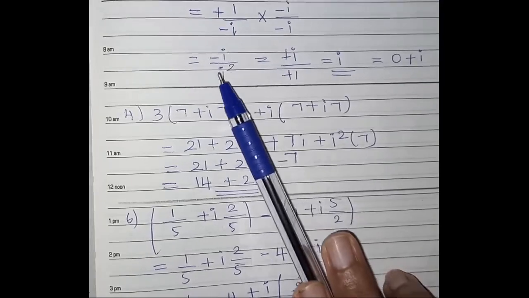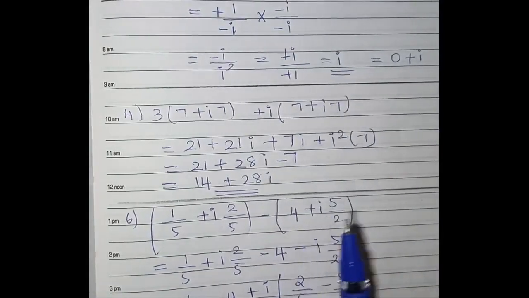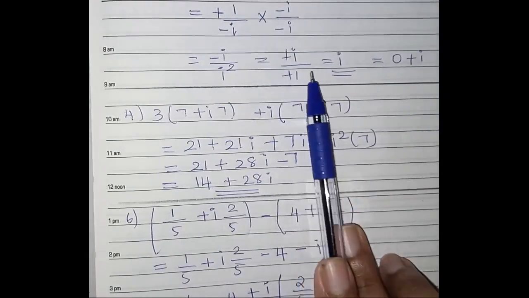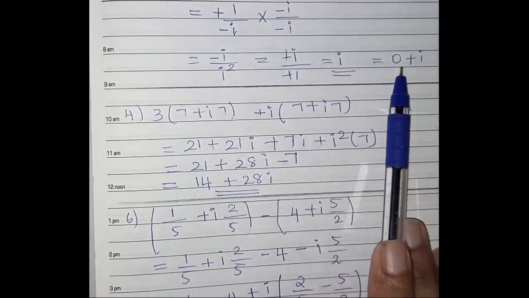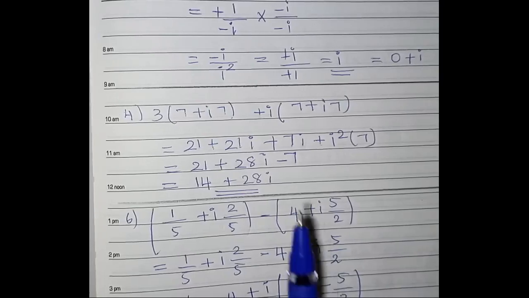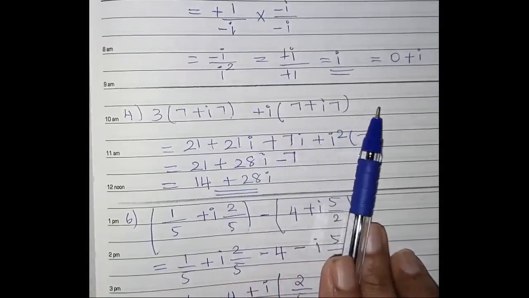So minus minus cancel. The answer is equal to i. This is what I have written: minus i by minus 1, minus minus cancelled. That's why I've cancelled it. This can be written as 0 plus i, because the real part is 0. Understand?